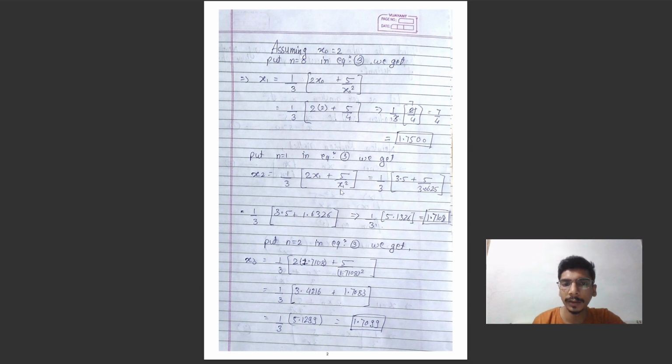After putting the value of x1, 1.7500 will be the value of x1. So after putting the value of x1, we got 1 by 3 times (3.5 plus 5 upon 3.0625). Now taking LCM and further solving it, we got the value of x2 is equal to 1.7108.